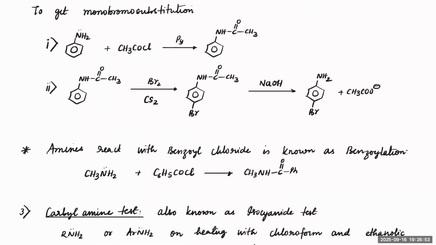Next. If you have CH3C double bond O Cl, the lone pair can connect, Cl will leave, and you'll get this product. Now, have you noticed something? This lone pair was making benzene highly activated. But now the problem with this compound is this lone pair is in resonance with both the sides.